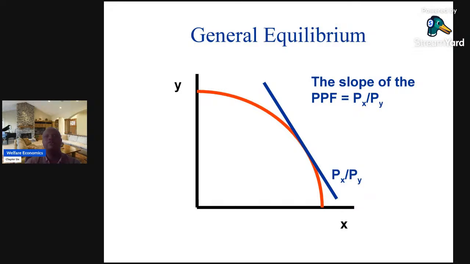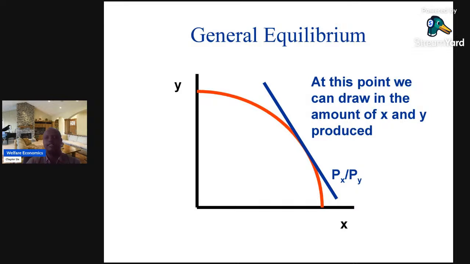Amma general equilibrium argachuudhaaf the slope of the production possibility curve is price of product x over price of the product y. Again at this point, we can draw in the amount of x and y produced.